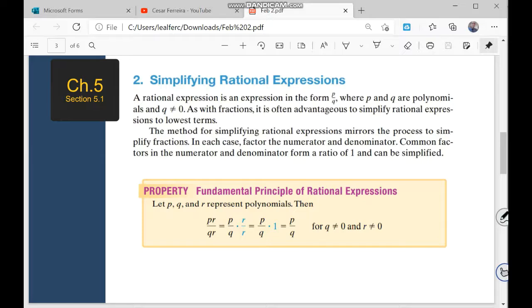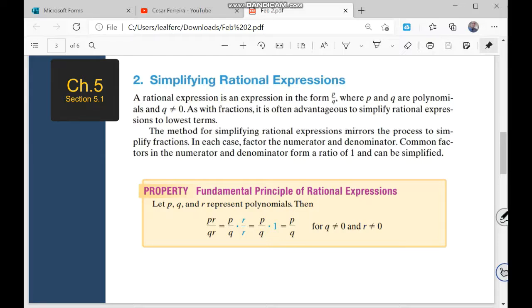And one of the reasons is because of that. To be able to work with fractions and work with rational expressions as well, we need to know a few tricks. And one of the main tricks is this: how to simplify fractions or how to simplify rational expressions.